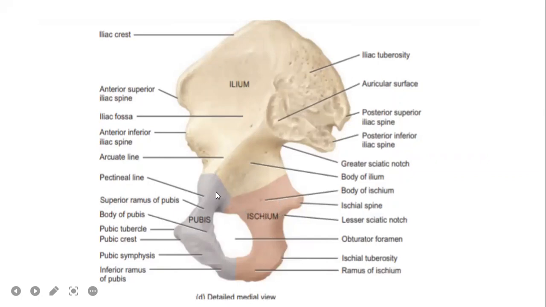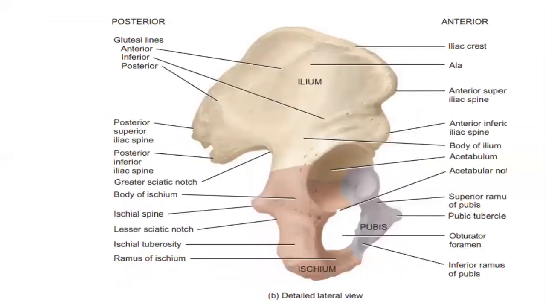and let's now move to the part of the pubis. We have the pectineal line, the superior ramus of the pubis, the body of the pubis here, and its contribution to the obturator foramen. We have the pubic tubercle here, the pubic crest, the pubic symphysis, and the inferior ramus of the pubis down here.